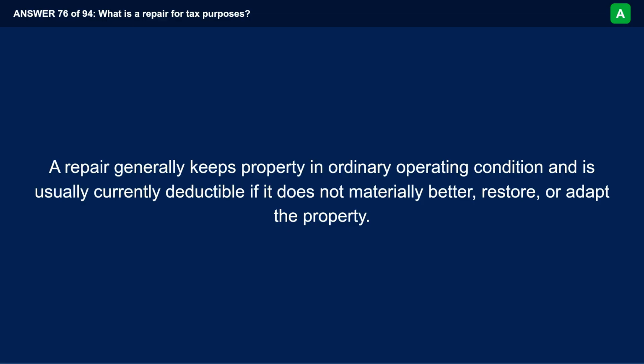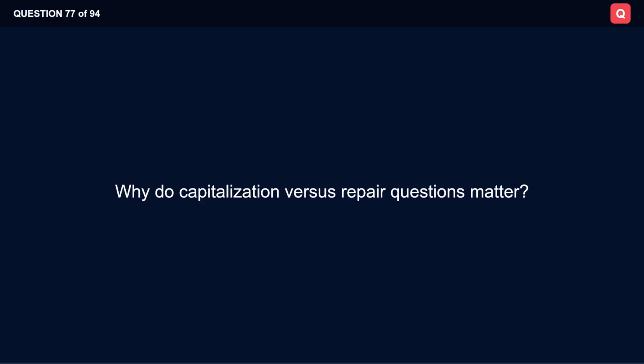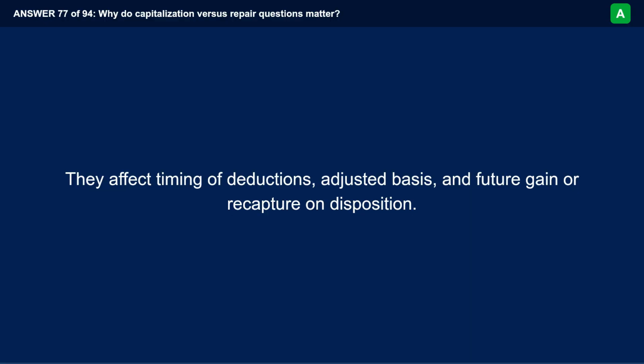A repair generally keeps property in ordinary operating condition and is usually currently deductible if it does not materially better, restore, or adapt the property. Why do capitalization versus repair questions matter? They affect timing of deductions, adjusted basis, and future gain or recapture on disposition.